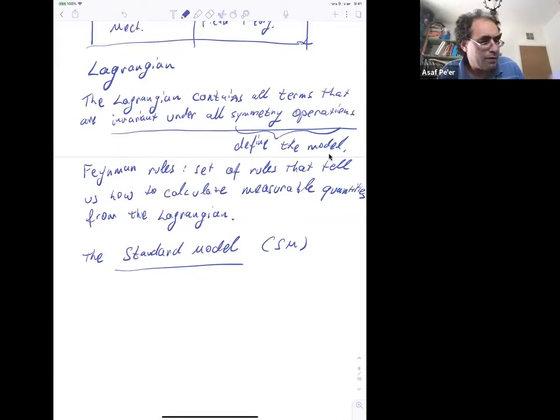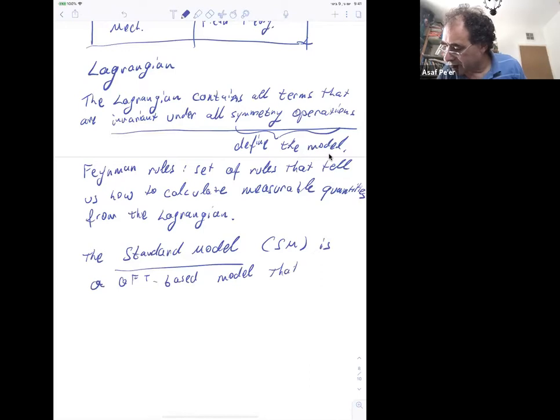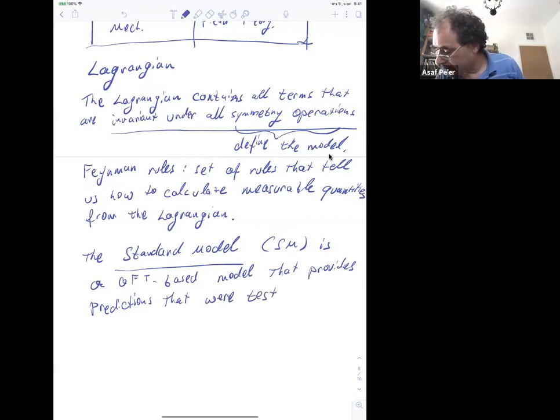So what do I write down about that? One thing is a QFT based model that provides excellent, right predictions that were tested experimentally, with an excellent accuracy.